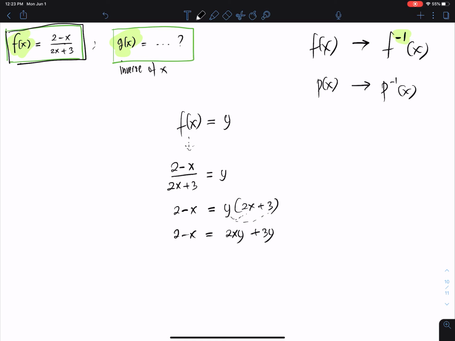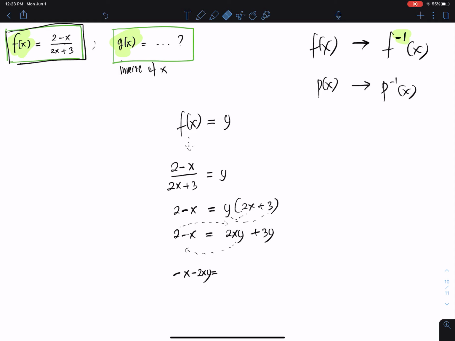Then the next step is all with x on the left side, all without x on the right side. So we are going to have minus x stay here. The 2xy moves over and becomes minus 2xy.